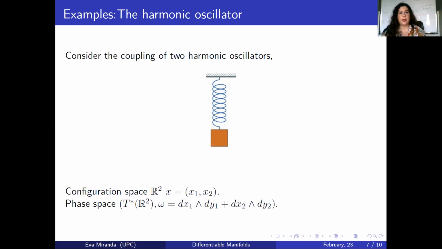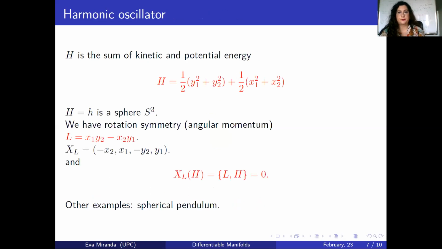So here the configuration space is formed by x1 and x2, and the phase space is the cotangent bundle of R^2, where you have the canonical symplectic form, and the total energy of your system. Of course, in the questionnaire, you didn't need to justify this. You just got given the energy.